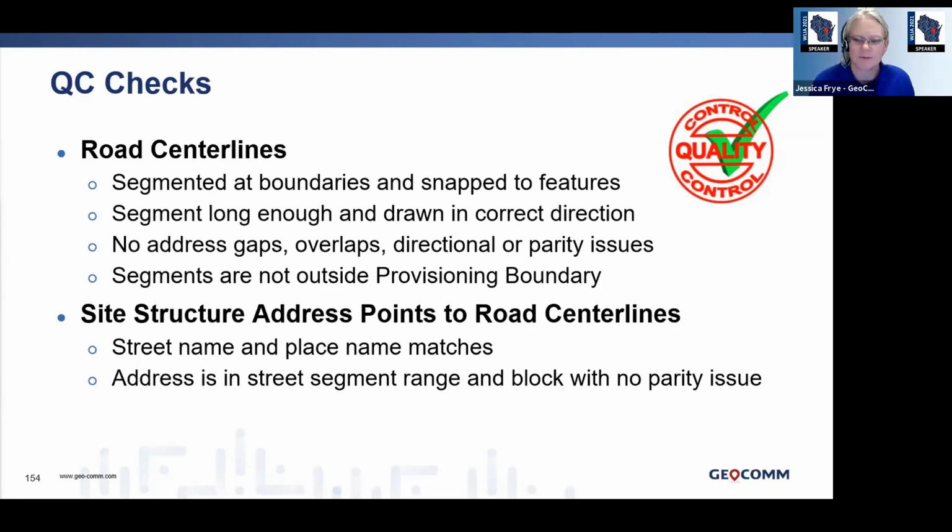The next one on the slide here is the address points to road center lines. Now, this is mainly to ensure that the synchronization between the two is good. With that being said, Cheryl mentioned way earlier in the workshop that there are situations where address points exist with no matching road center line. And we know that those occur, but for the large majority of structures, there is a matching road segment.